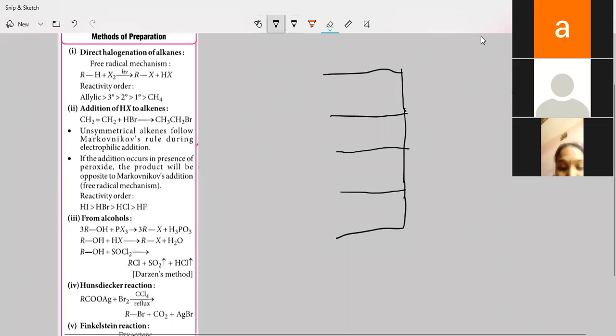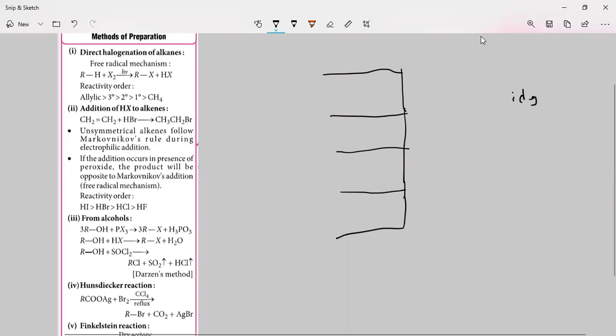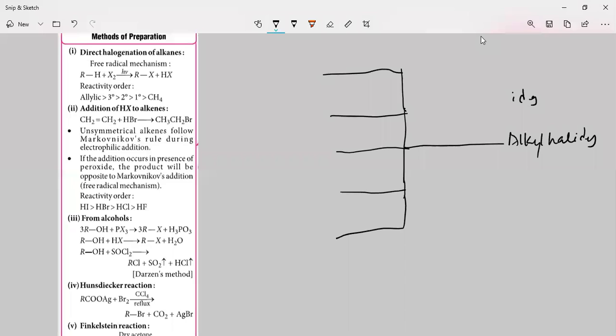Next, we can prepare from the alkenes. In the examination, they will ask by which of the following methods alkyl halides can be prepared.